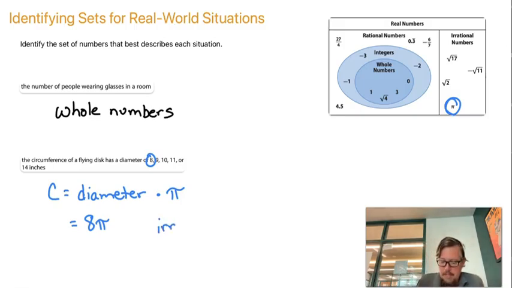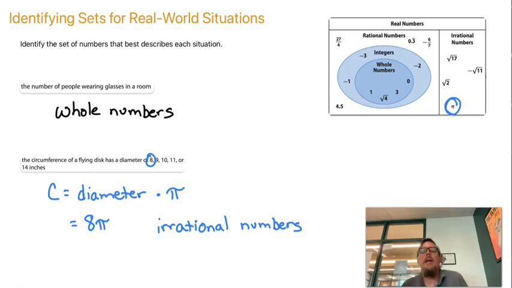So the set of numbers that will describe this best is irrational numbers because we are multiplying by pi. Irrational numbers are also real numbers, so it fits inside the group of real numbers, but the specific set that best describes circumference is going to be irrational numbers.